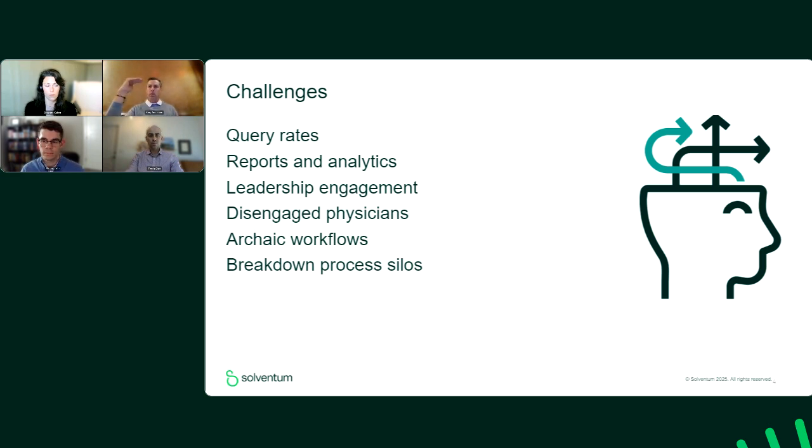Having that be an enterprise goal has trickled all the way down through all the physician leadership structures across the enterprise. And it's gotten us a seat at the table in places we never were able to get a seat at. Now, instead of having to bang down doors to have a conversation, we have people coming to us and asking for that conversation.